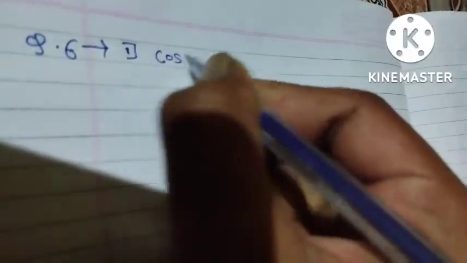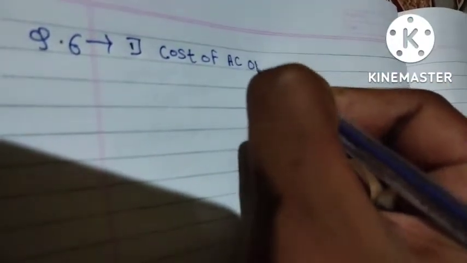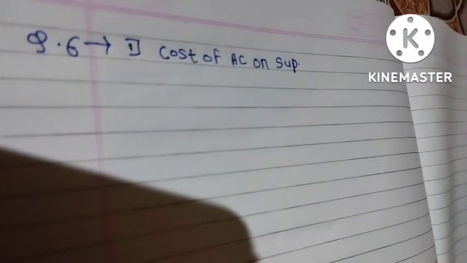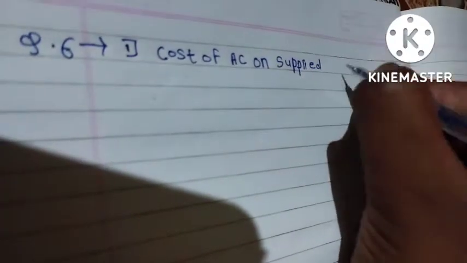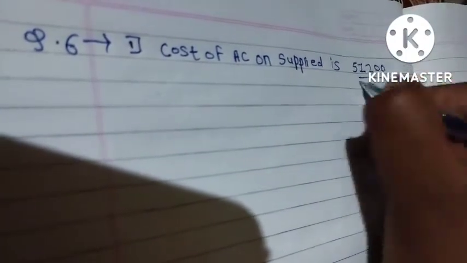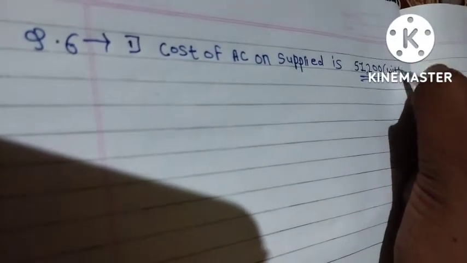First of all, the cost of the AC supplied is 51,200 with GST.